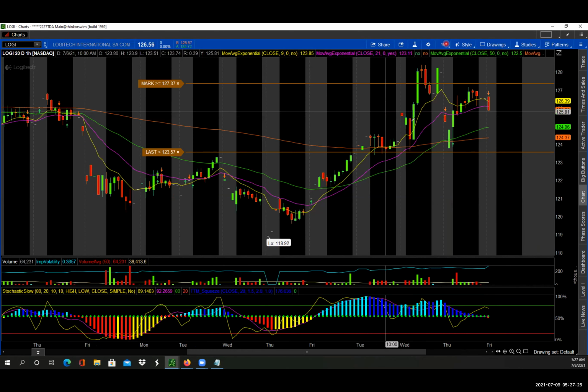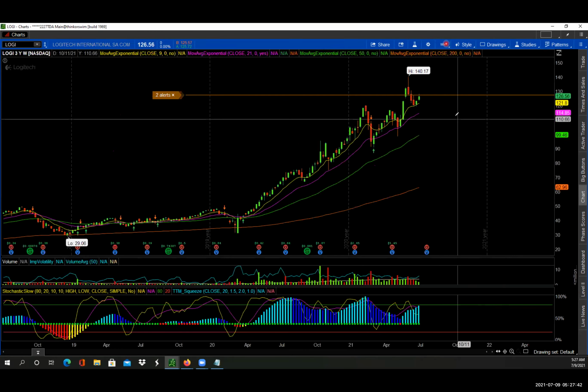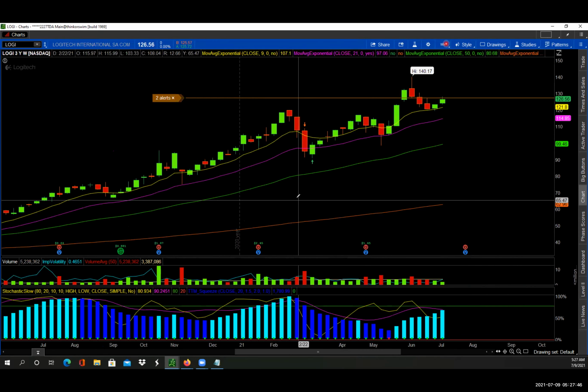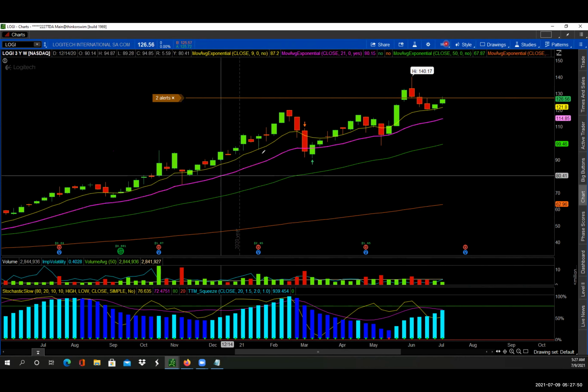And the reason I entered this trade, I entered at the break of resistance with a July 16th expiration, only because they run on monthly expirations. What I like about Logi is that it's a very resilient stock and really defensive.